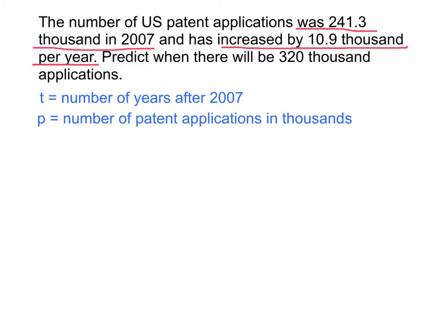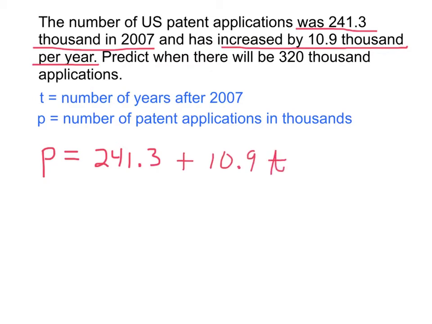So we want to generate a model from this information so that P, the number of applications for patents, let's put the initial starting value first, which is 241.3, and then it says it's increased, so it's going to be plus because it's going to get bigger, by 10.9 thousand per year. So you'd have to multiply that times the number of years, so times T.